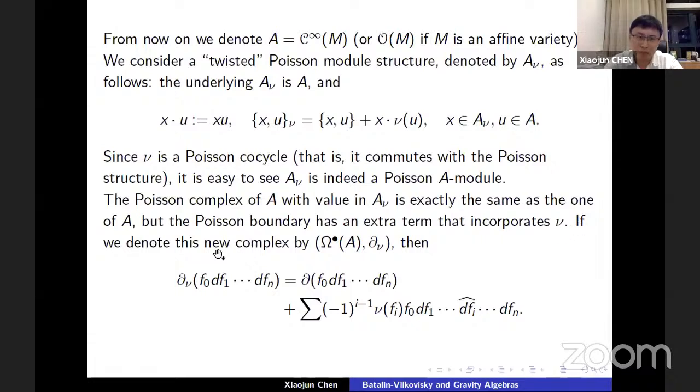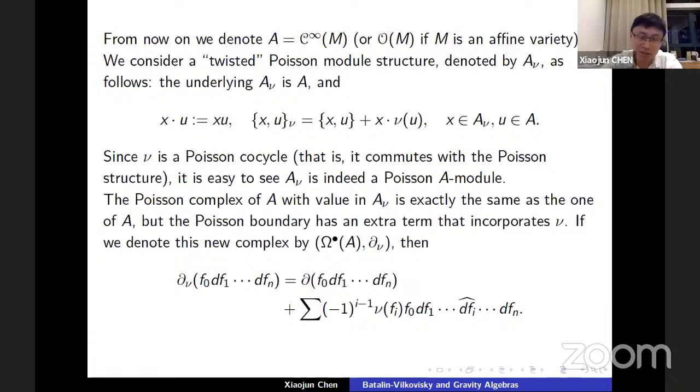If we denote this nu complex by Omega dot A with d_nu, then d_nu is given by the following. Oh, I forgot to say, this d is the original Poisson boundary. I said I will explain, but I didn't here.